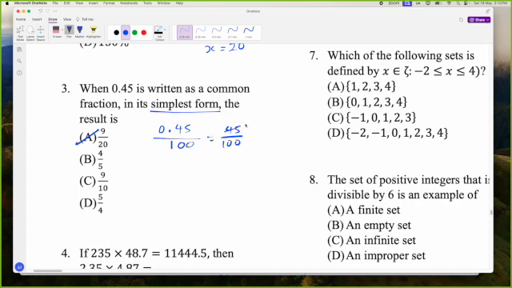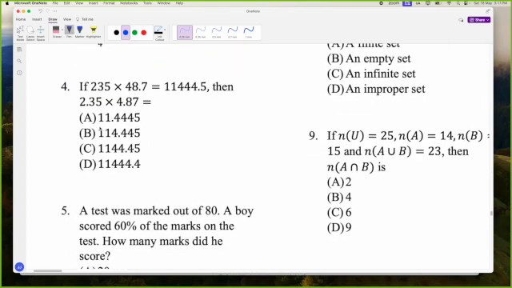And of course, 5 9s are 45, and 5 into 20 will give you 9 over 20. So you could have done the divide to get 9 over 20, or you could have used reasoning to say this is the only answer that is less than half. If you have any questions, please let me know.